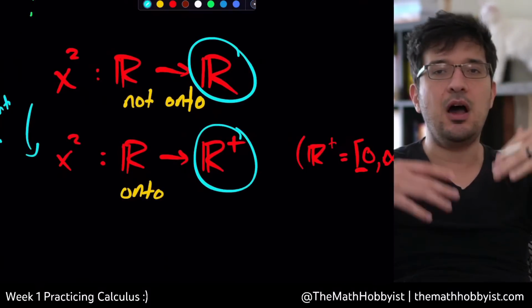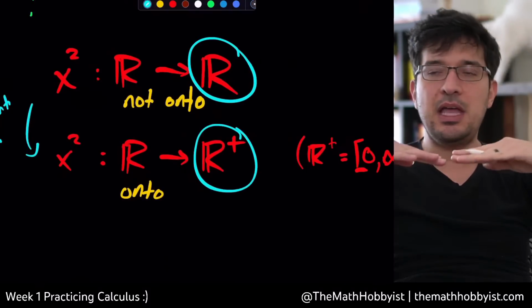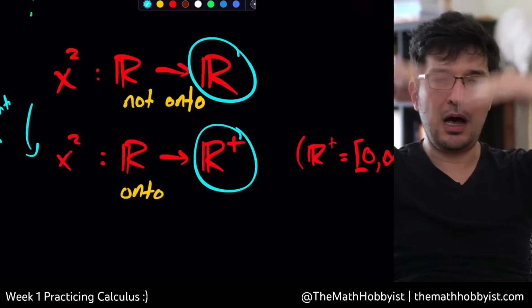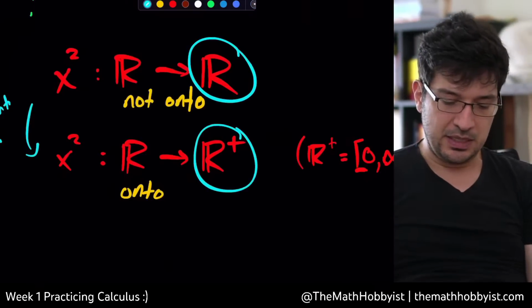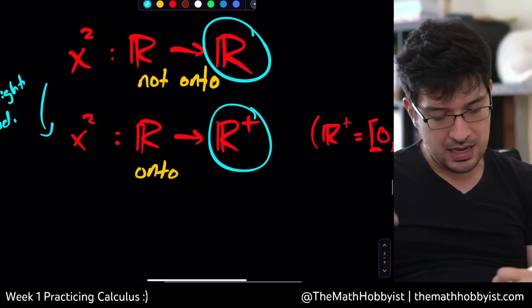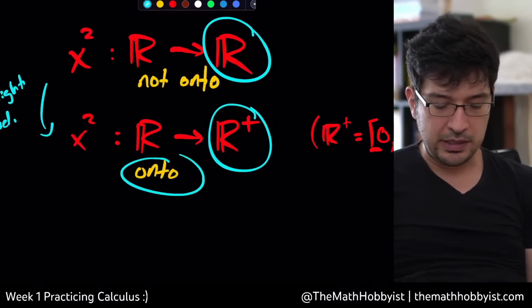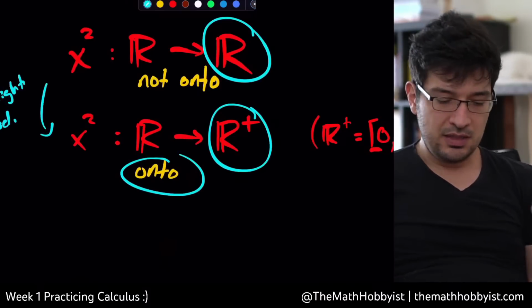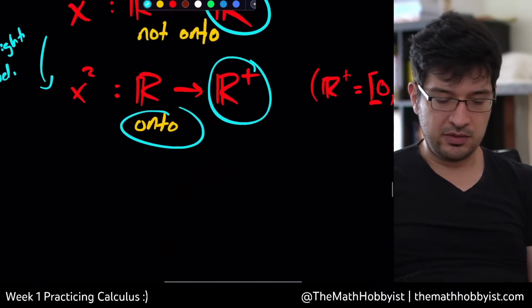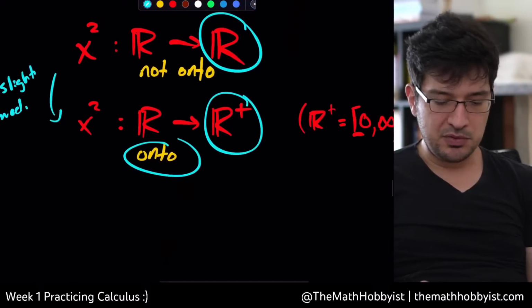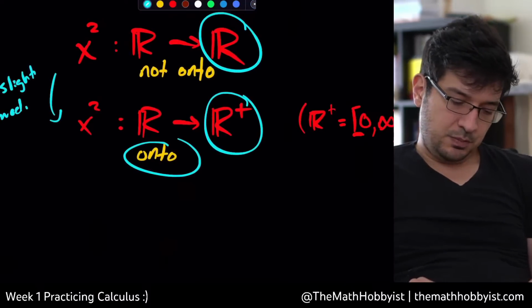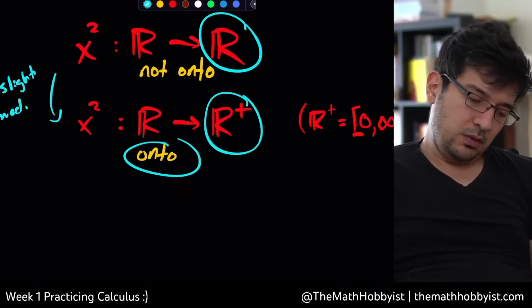I didn't mean all real numbers. I meant the positive or the non-negative real numbers. And then you say, aha, all right, well, in that case, yes, that function x squared is onto. And then you get annoyed at that snarky person or annoying person.